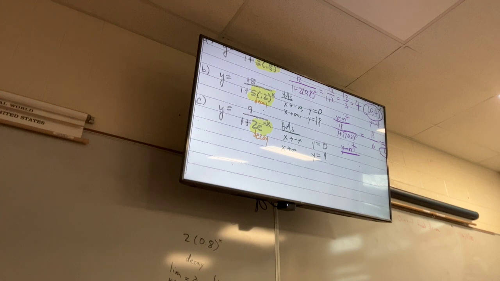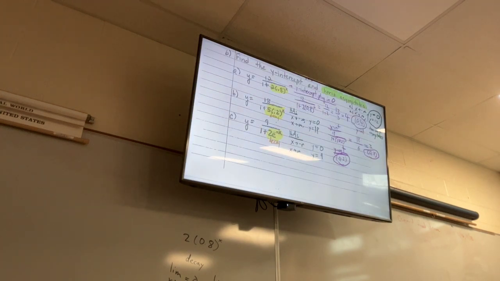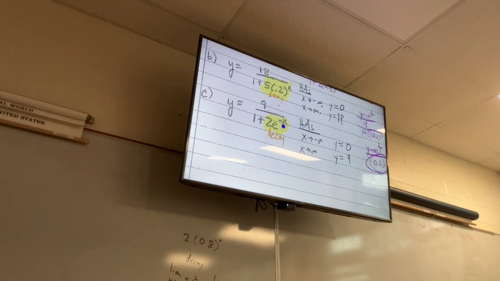Yes, 3. So (0, 3). I'll get him next time. So to find the y-intercept of a function, you just plug in 0 for x. So you were right. 9 over 1 plus 2 e to the 0. That's 9 over 1 plus 2.